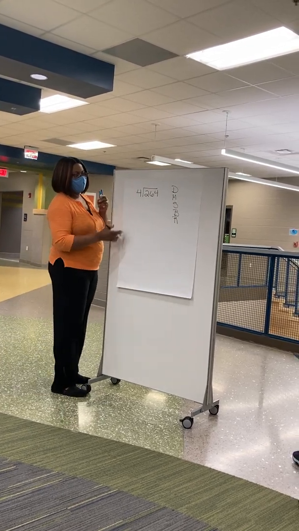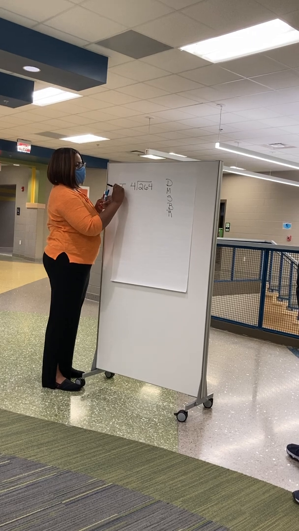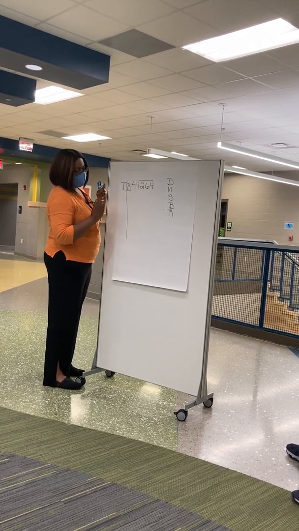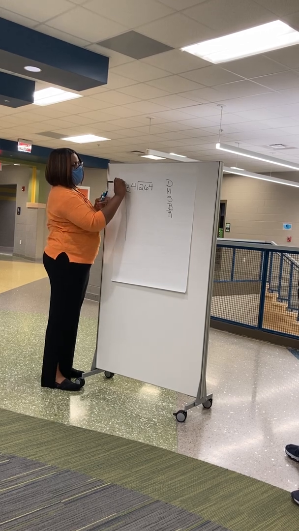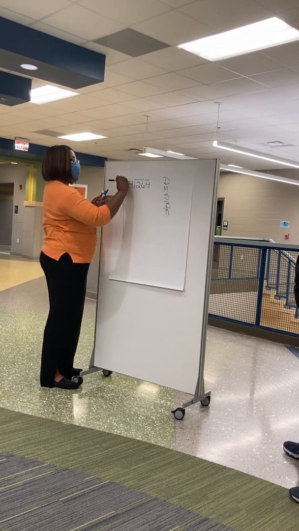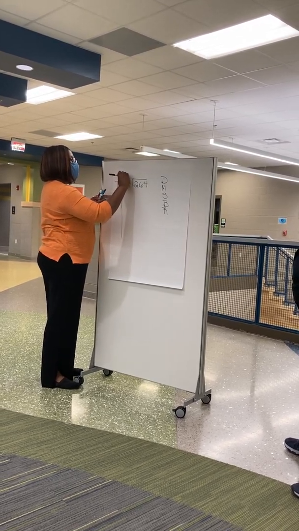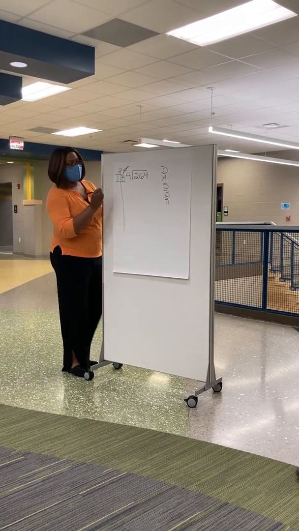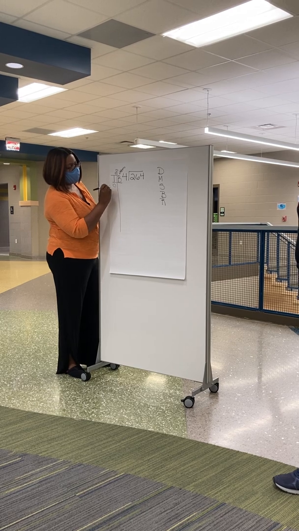On your left, you're going to do your top and bottom charts for 4. Remember, T means top, B means bottom, and we're going to start with 0 through 5.